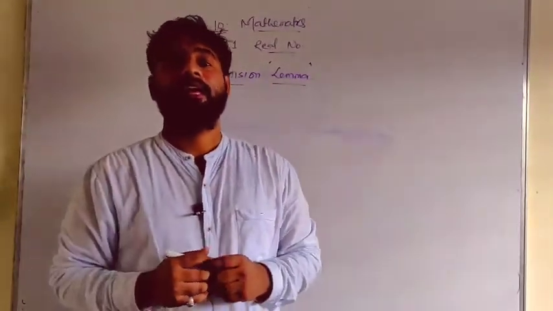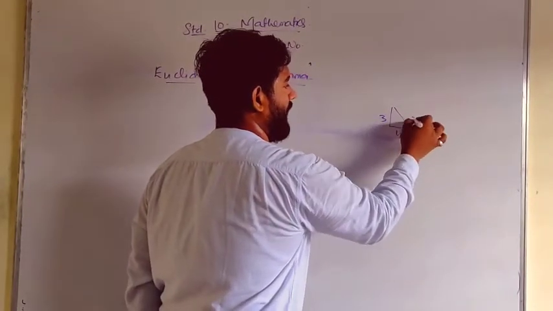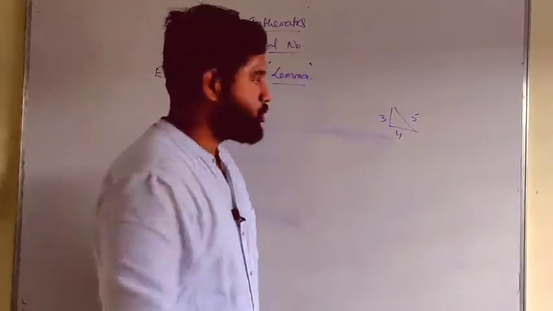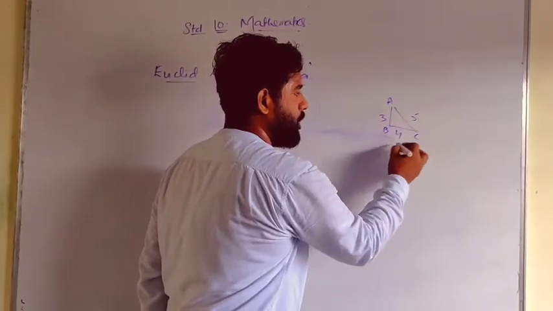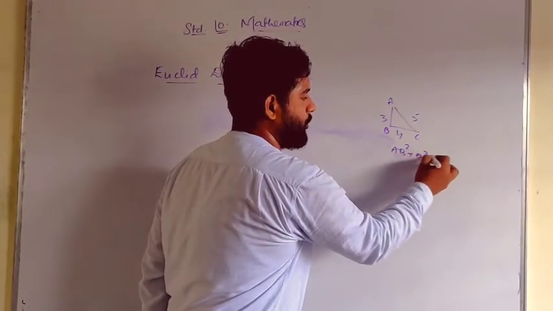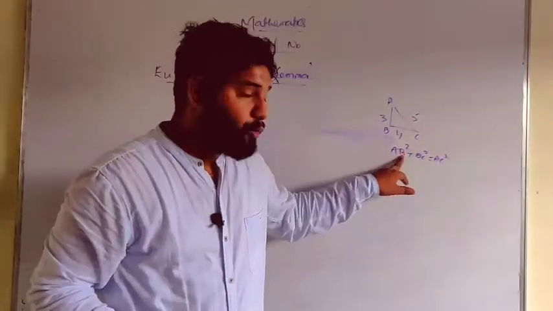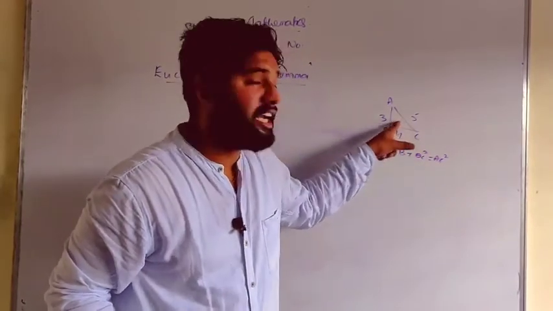For example, if I ask you to prove this statement for a right angle triangle with sides 3, 4, 5, you directly use AB square plus BC square is equal to AC square. That is your Pythagoras theorem. But you are not proving this theorem. You are already using it to prove this statement, right?